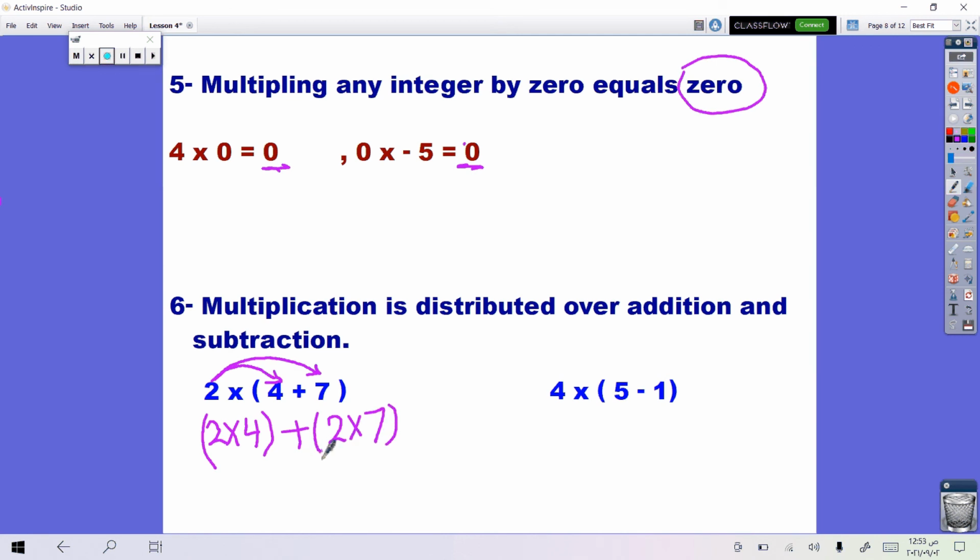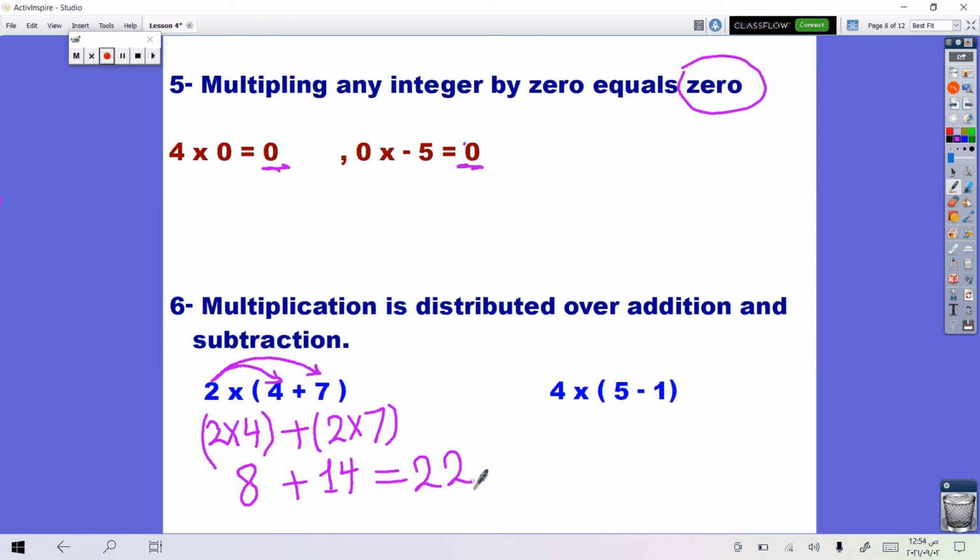You have to perform the operation inside the brackets. 2 by 4 equal 8 plus 2 by 7 equal 14. Then 8 plus 14 will be equal 22, which is distributive property.